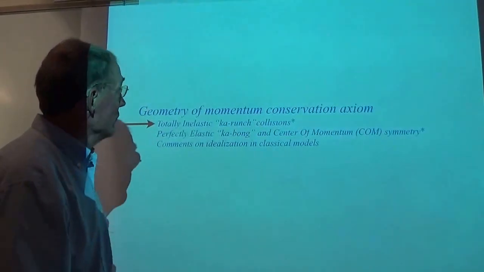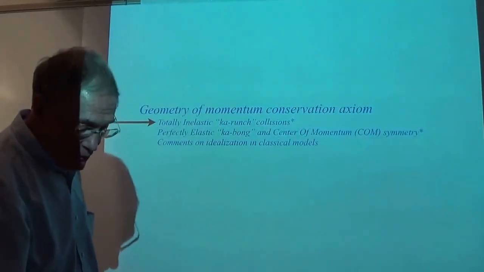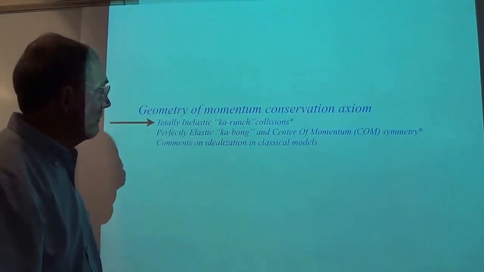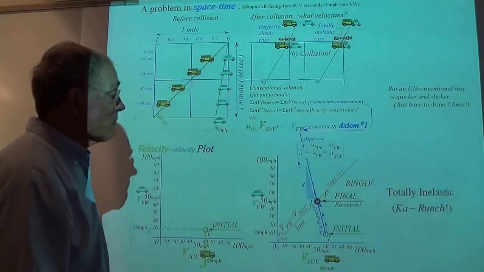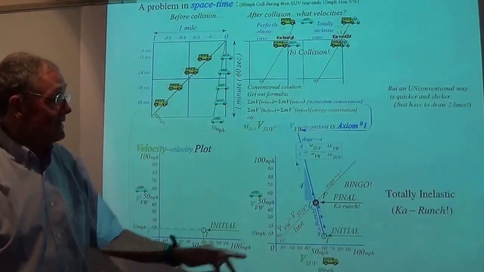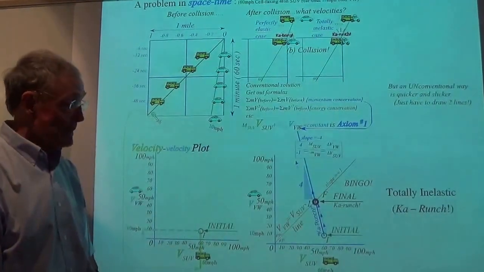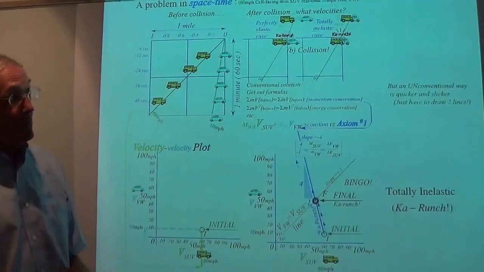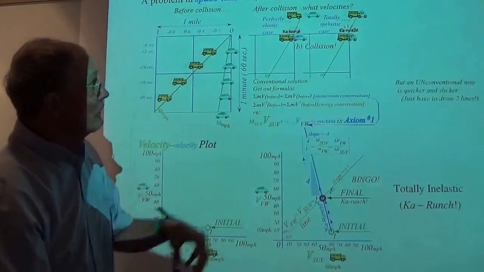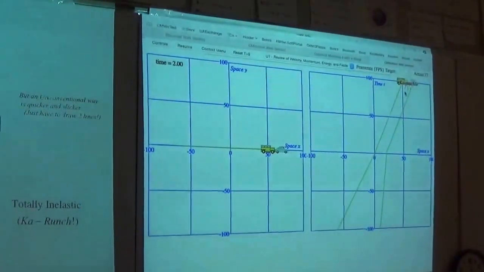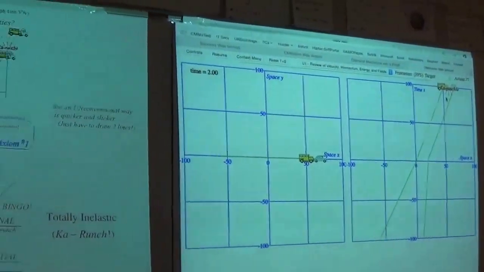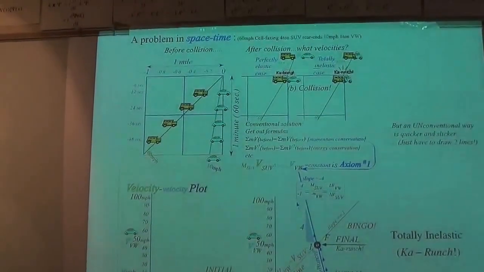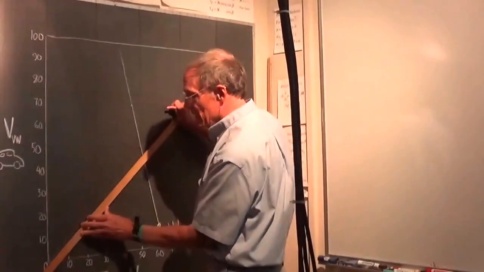Okay? So, we're going to look at the totally inelastic collision. Now remember what happened in the collision over here. They went off stuck to each other, right? So what we need is a red line, and you don't have to use red, but I will just so I can talk about it.